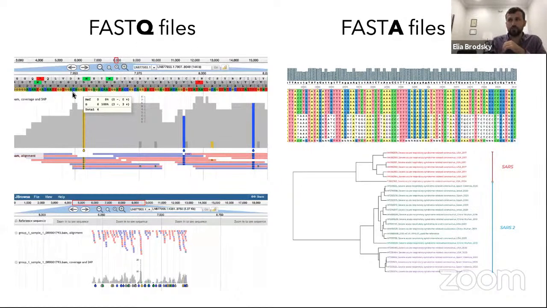One example for FASTQ files is analysis based on mapping, and FASTA files is analysis based on alignment, multiple sequence alignment in this example, to understand relationships. Here it's to detect variants. So two different approaches, and we'll talk about them in greater detail.